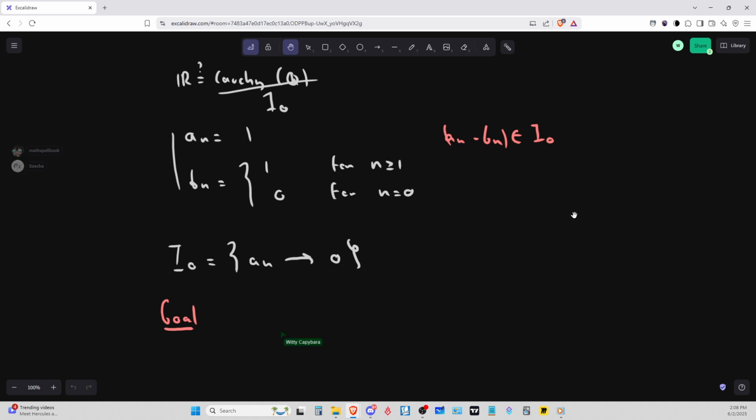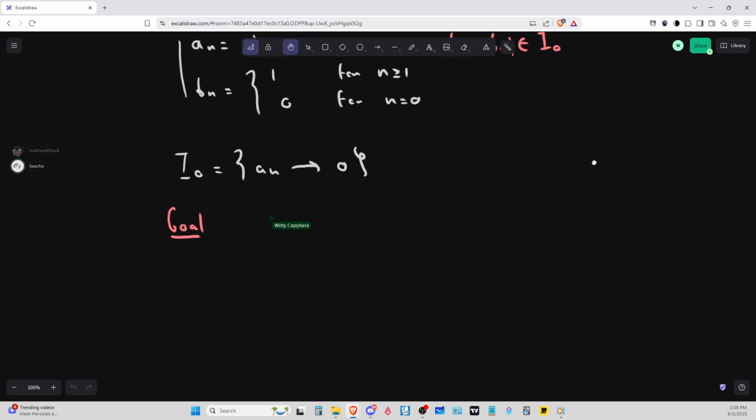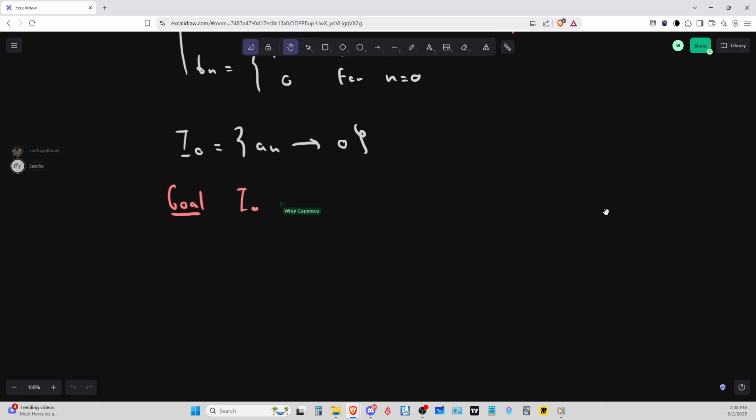So today's goal will be to show that I0 is a maximal ideal in the ring of Cauchy sequences over the rationals.